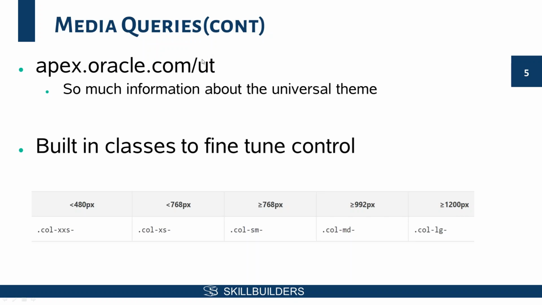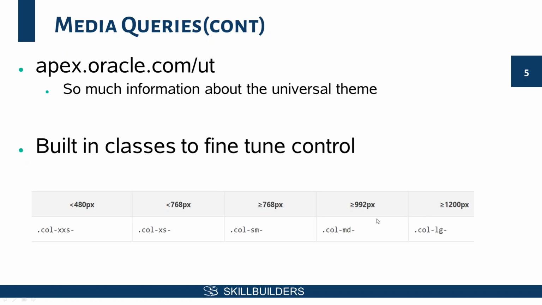There's a ton of information that is written there about the Universal Theme and different things you could take a look at. Well, there's actually some built-in classes that you can leverage to help control how big you want your region to be at what time.